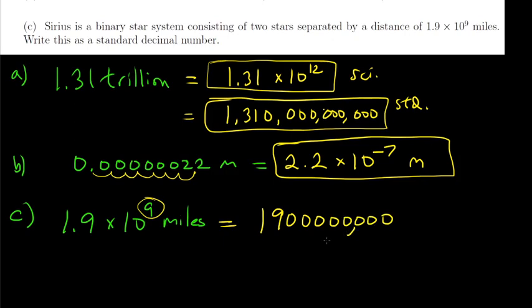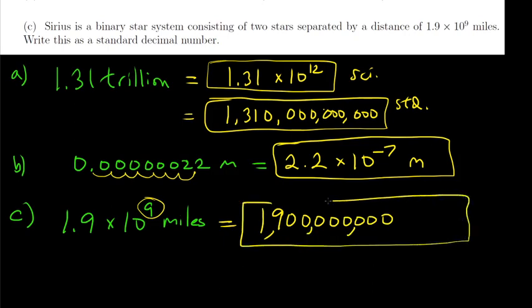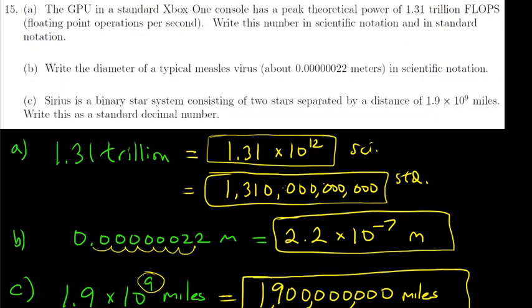And then just put in your commas every 3 digits. Okay, and I'll leave the miles here. Yep, so 1,900,000,000 miles. Okay, so that's very far. That's pretty far apart. Okay, so I guess that's number 15.